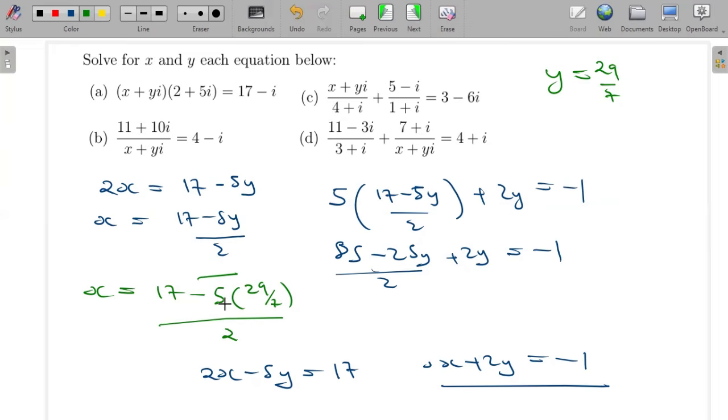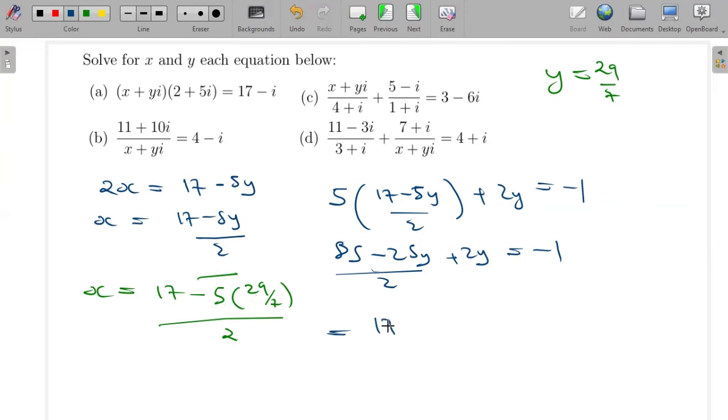So I get 5 multiplied by 29, that's going to be equal to 17 minus 145 over 7, then divided by 2.